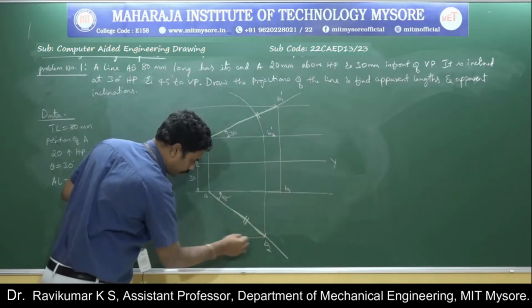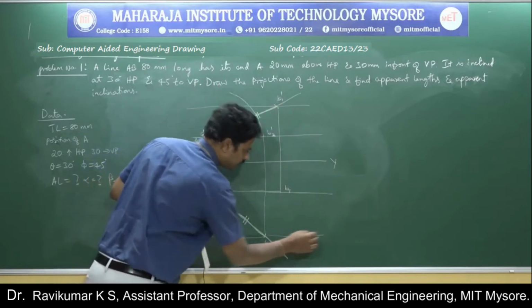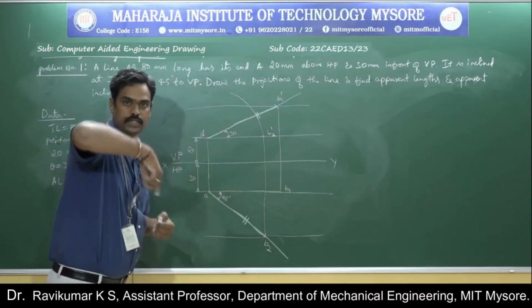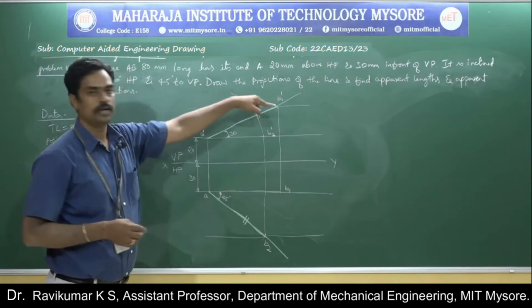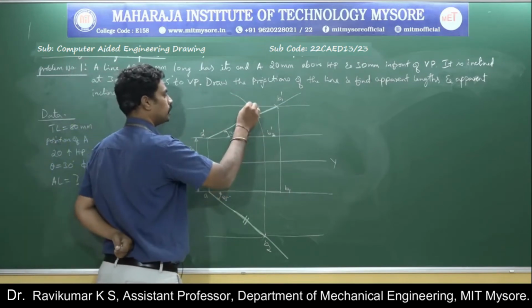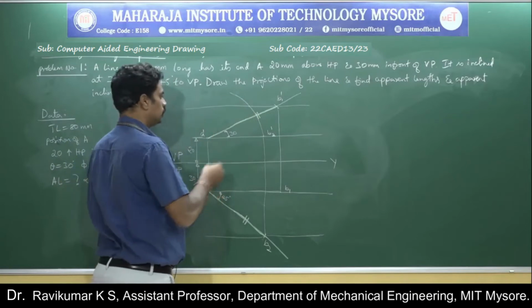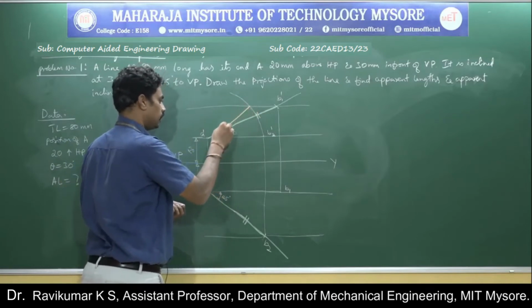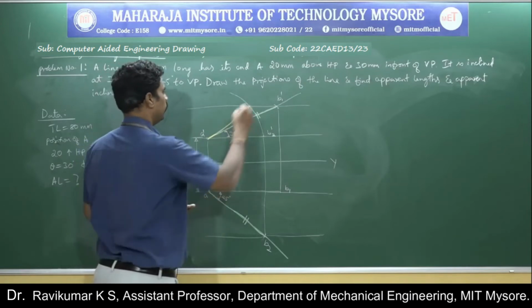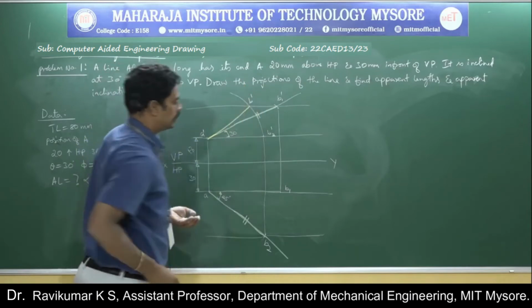Similarly, B dash will fall on the same locus, because in the top view it will be like a circle, but in the front view it will be a straight line. Wherever this circle cuts the locus, it will be the apparent length of the line. So this is the apparent length A dash B dash.